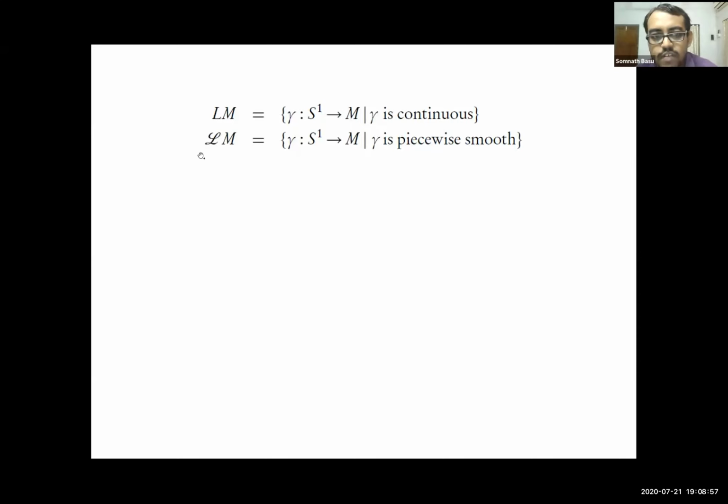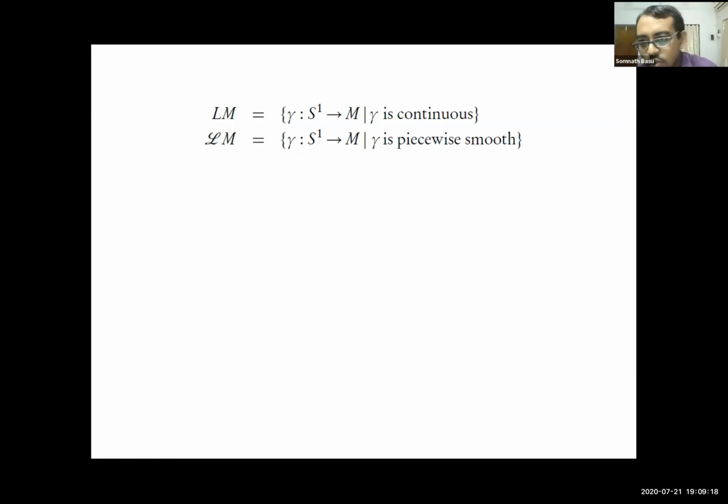However, as I said, each one has its own advantages in terms of what you want to do at that point. If you want to do more geometry, maybe script LM is better. If you want to do more topology, algebraic topology, maybe LM is better suited. Nonetheless, the closed geodesics live inside both of them. Okay, they are special curves in here.